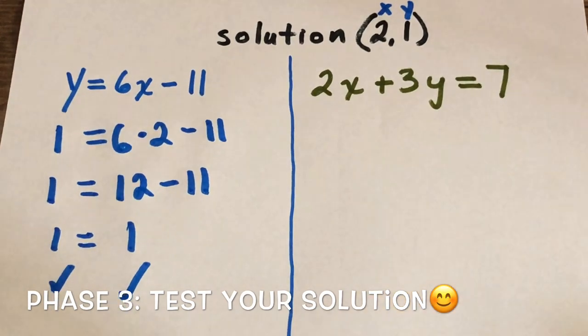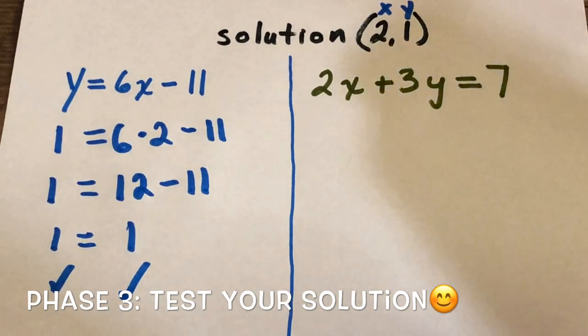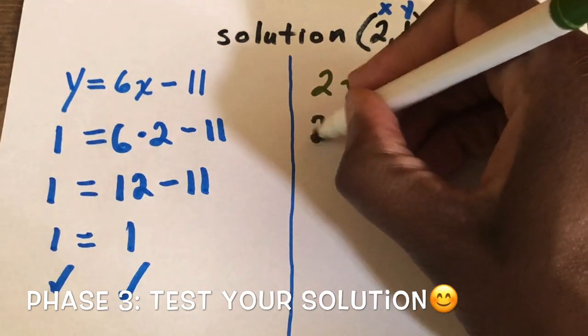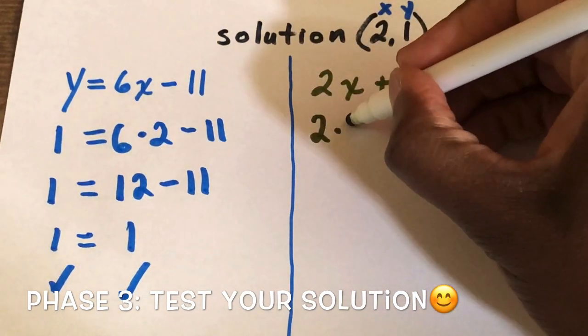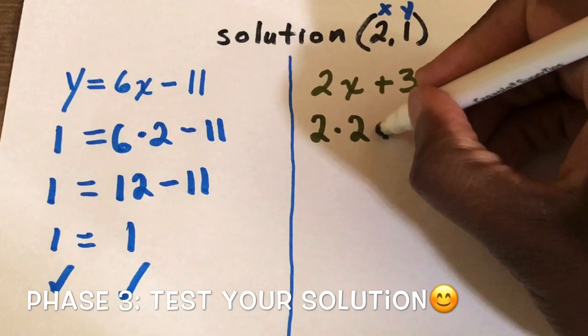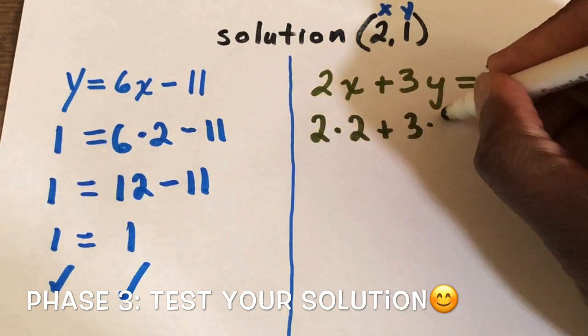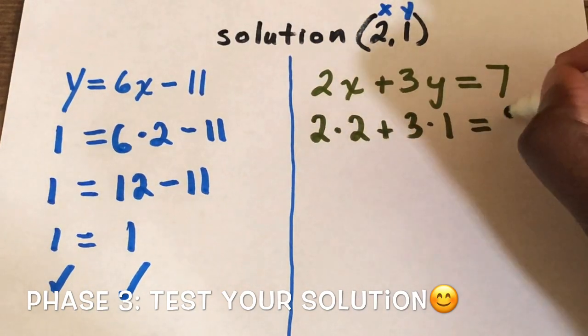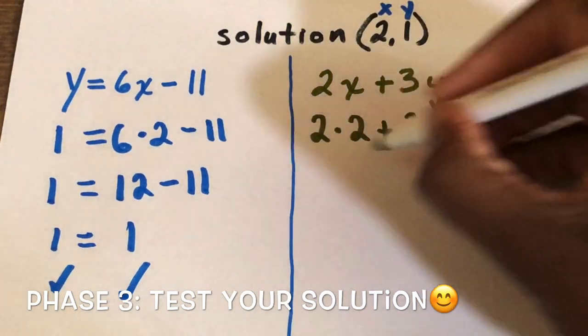All right, let's try the second one: 2x plus 3 times y equals 7. So that will be 2 times 2 for x, plus 3 times 1 for y, is equal to 7. Let's do the math.